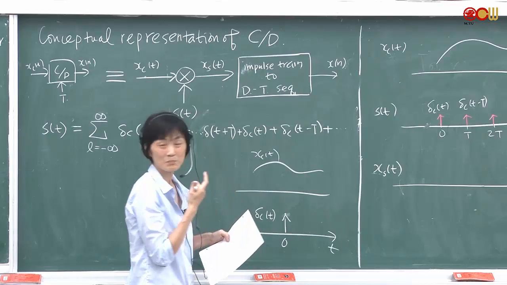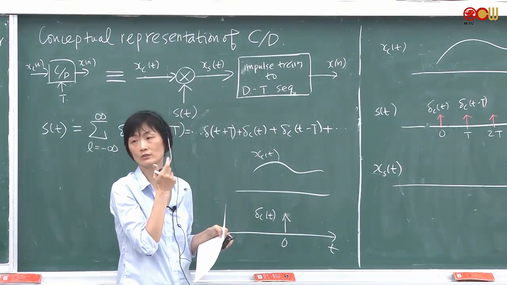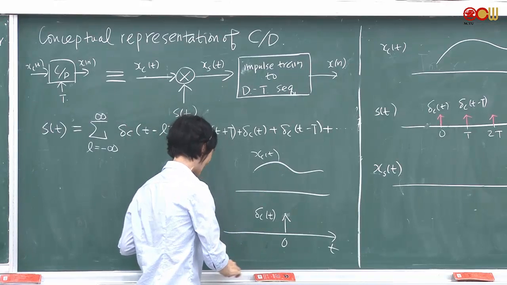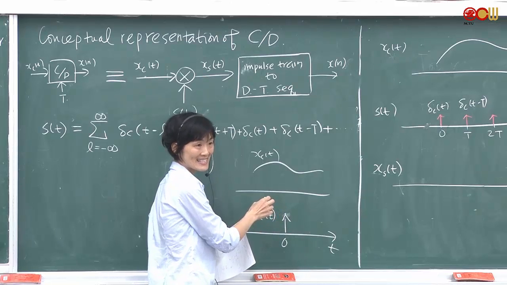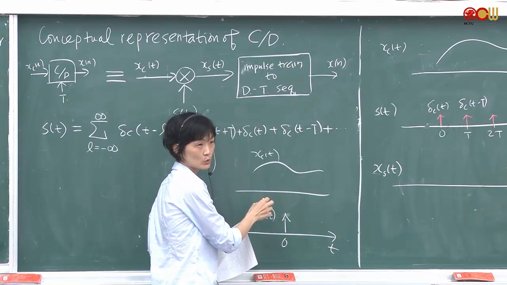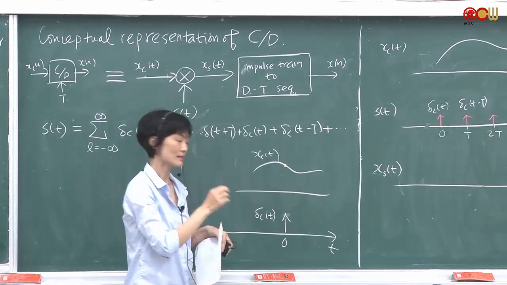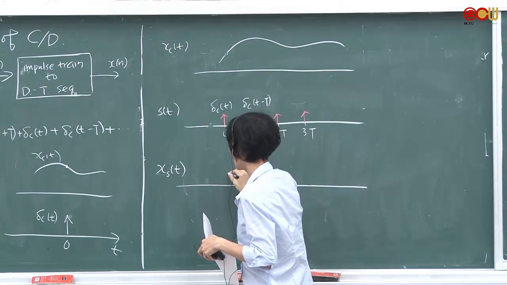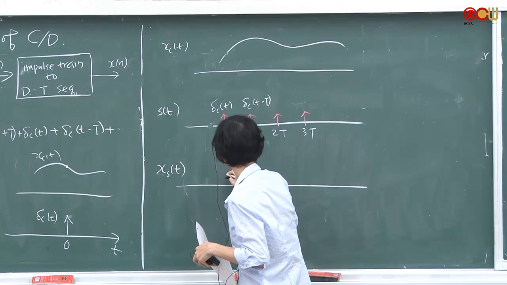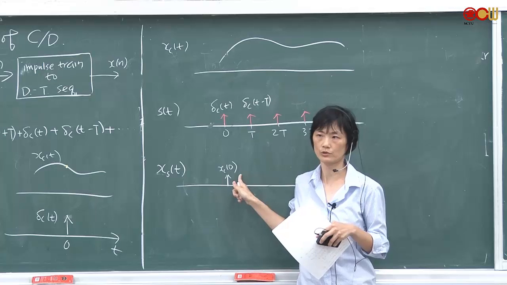Yes, we get an impulse, right? But then this impulse will carry the value of xct at time equal to 0. So what we get here is an impulse, and it carries the value of xc at time equal to 0.